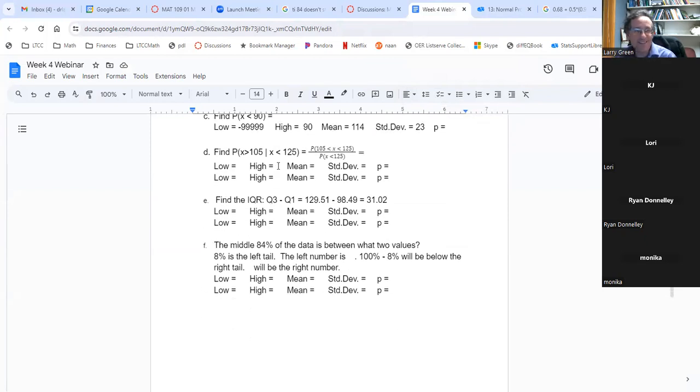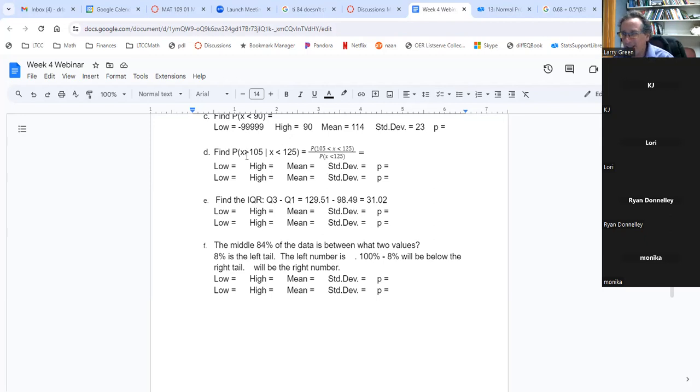So the next one, just for time's sake, find the probability that x is greater than 105 given x is less than 125. So then what you have to do is use the given formula. The given formula says the probability of A given B is the probability of A and B divided by the probability of B. You remember that formula? That happened in chapter 3.